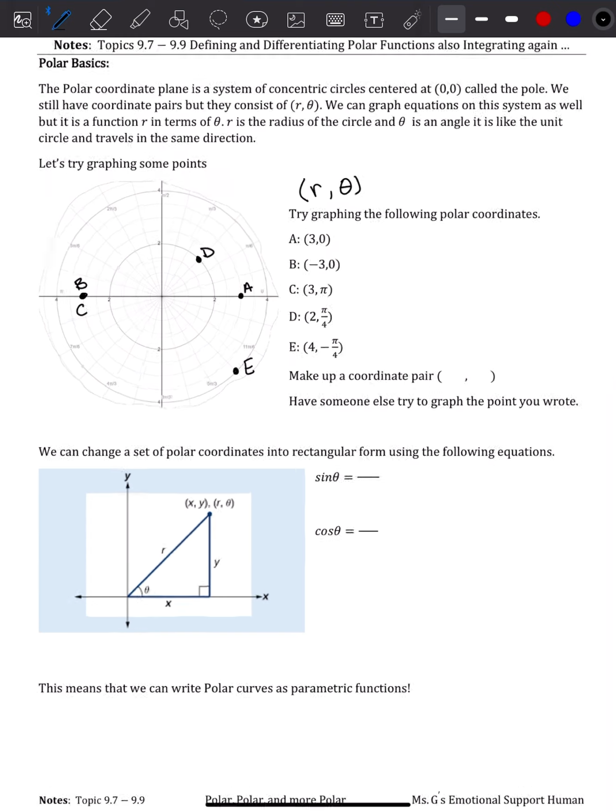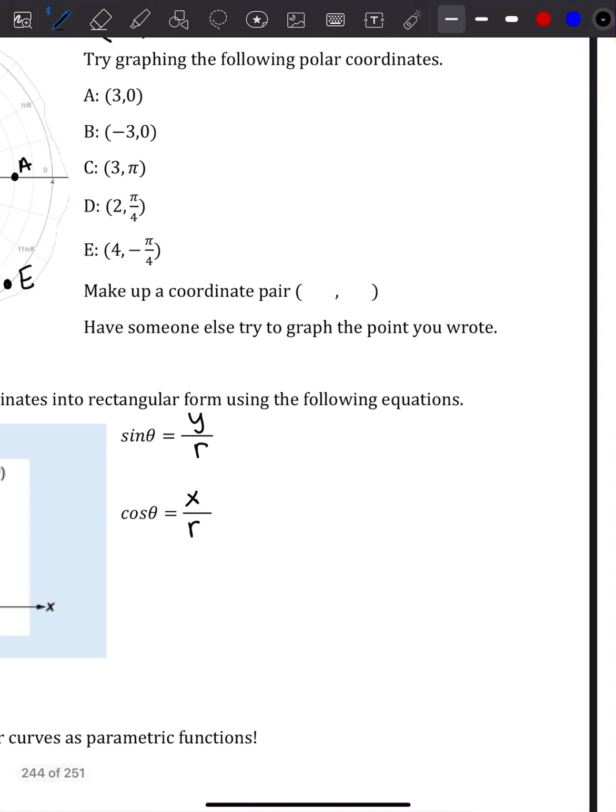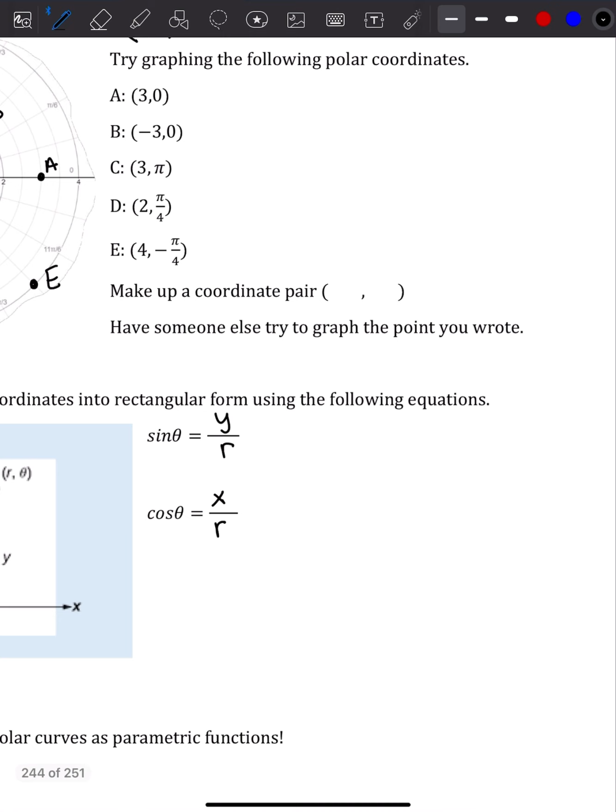If I were to find the sine and cosine of these two things, sine is the opposite divided by the hypotenuse. Our opposite of our angle theta is y over our hypotenuse r. For x, we're going to be dealing with cosine. Cosine of theta is the adjacent over the hypotenuse, so x over r. And we can move these around so they're in that Cartesian format.